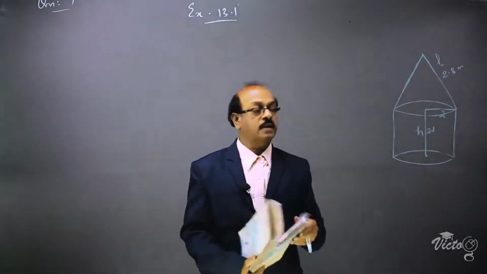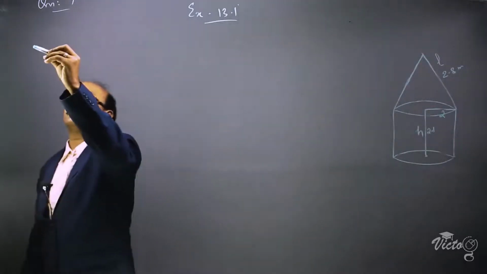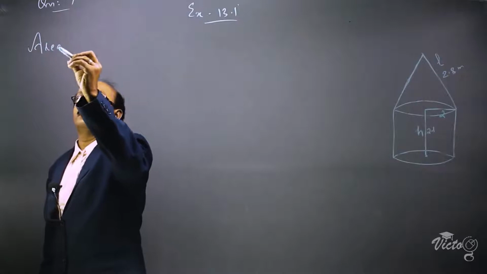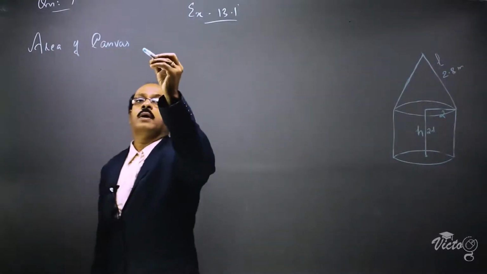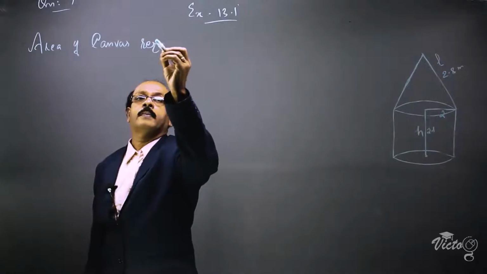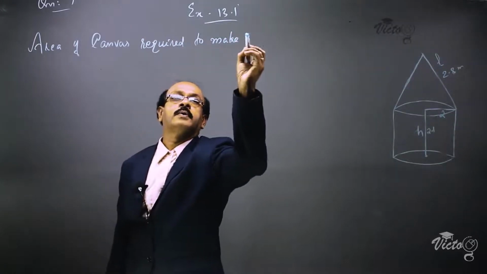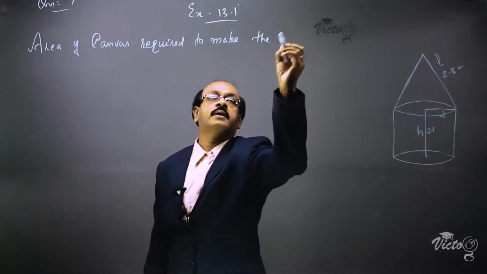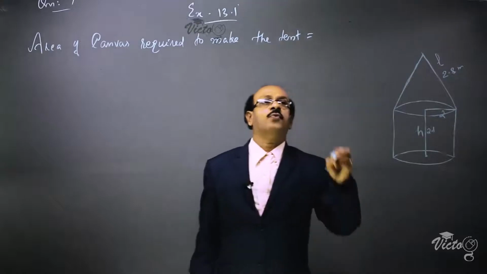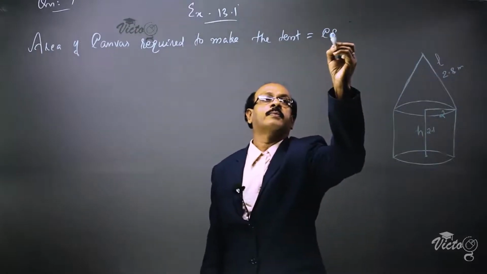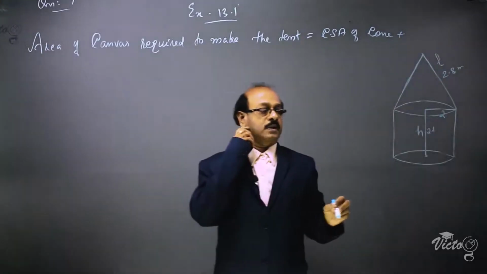So, area of canvas required to make the tent is equal to CSA of cone plus CSA of cylinder.